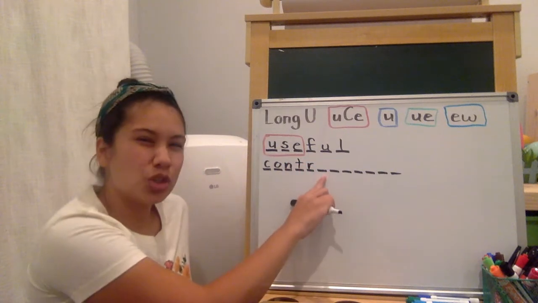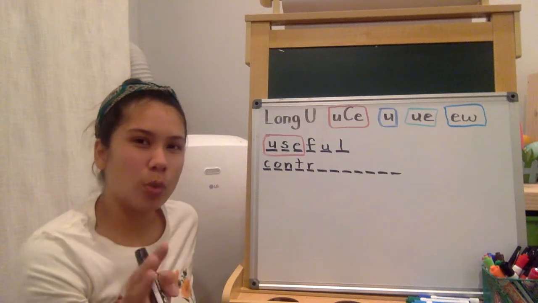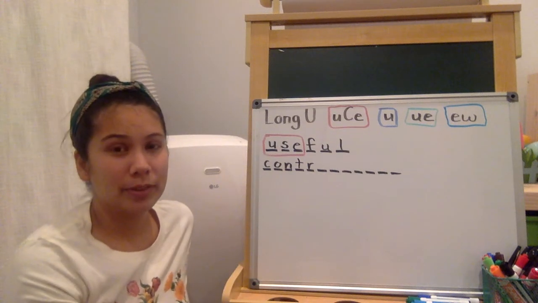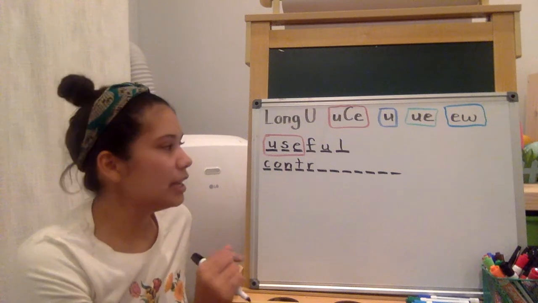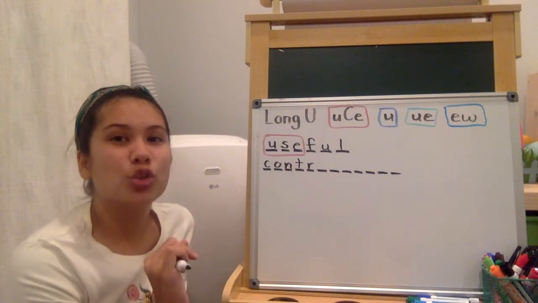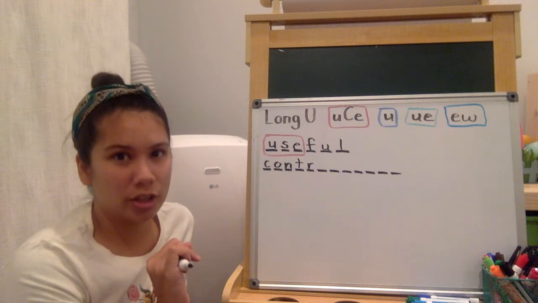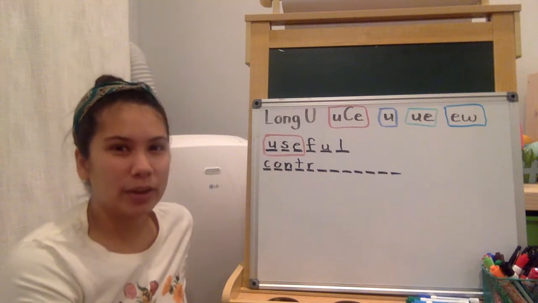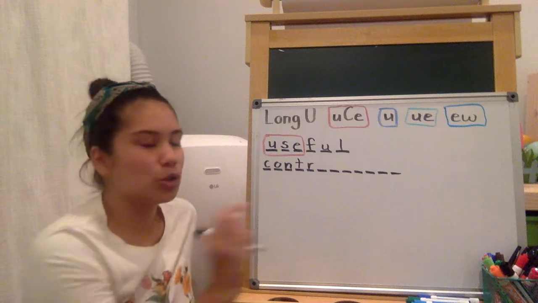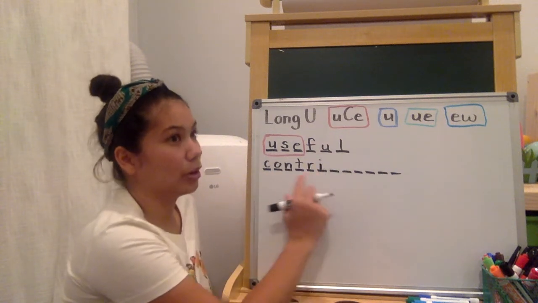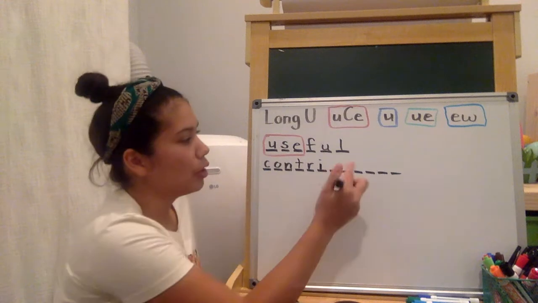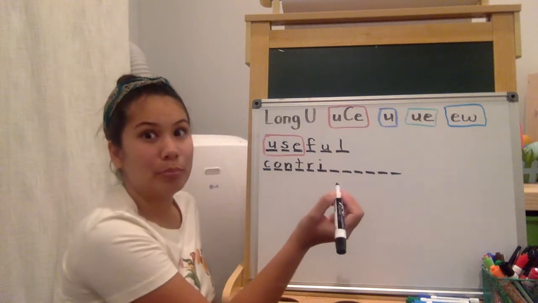Contribution. Now this is a schwa, which is tricky because a schwa can be spelled with any vowel. If you were to pronounce this really slowly and really precisely, you might say contribution. We would say it quickly, contribution, and that would become a schwa, but it's an I. Bu, bu.